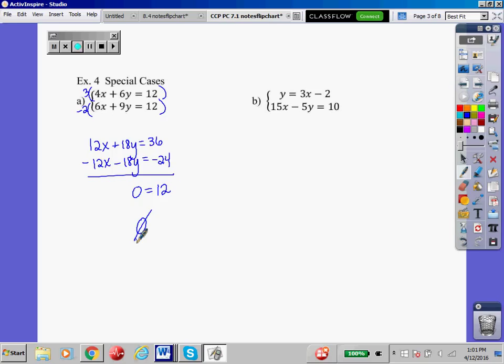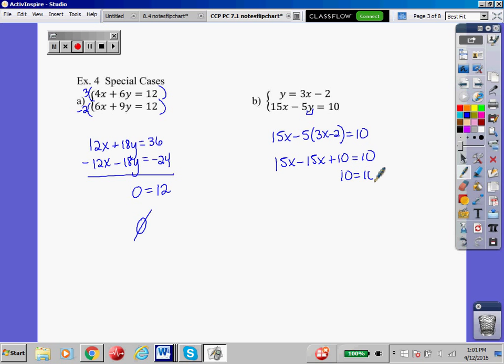In letter B, do you see how this one lends itself to the substitution method? I did it on purpose. So I'm going to just substitute for y, that's 3x minus 2. So that's 15x minus 15x plus 10.